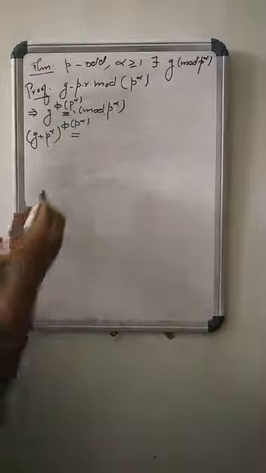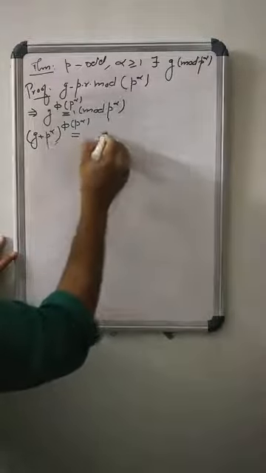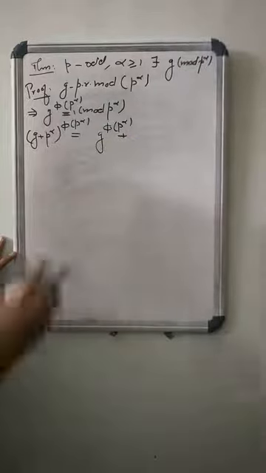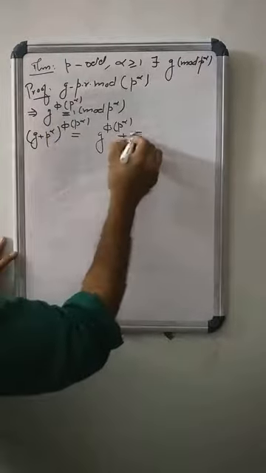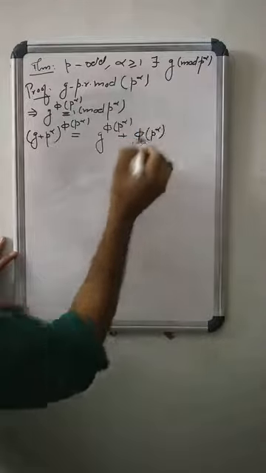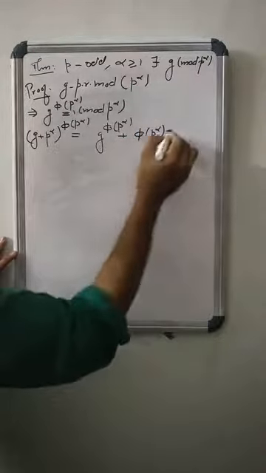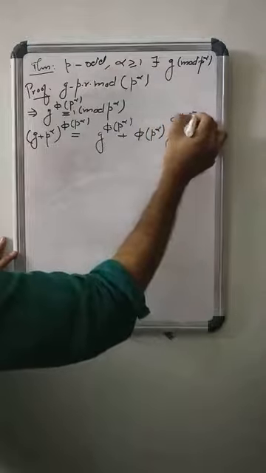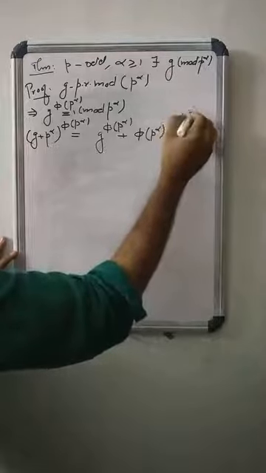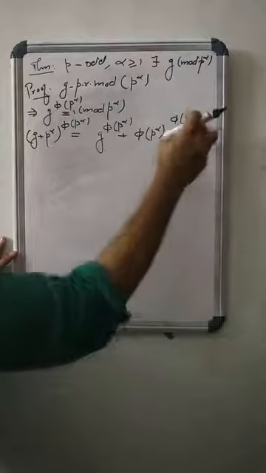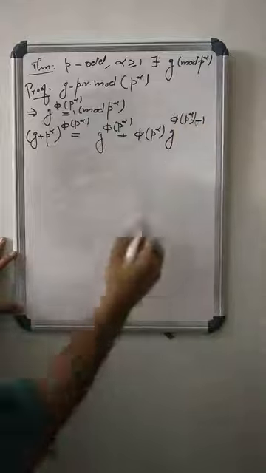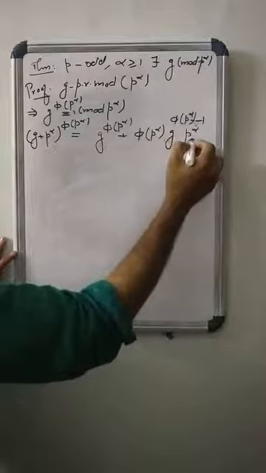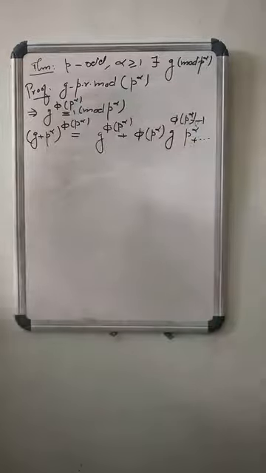By binomial expansion, it is g^φ(p^α) plus φ(p^α) C1, which means φ(p^α) into g^(φ(p^α)-1) into p^α, plus and so on.